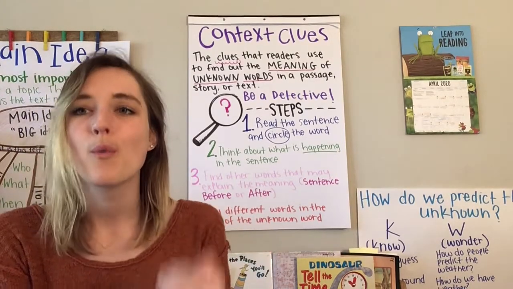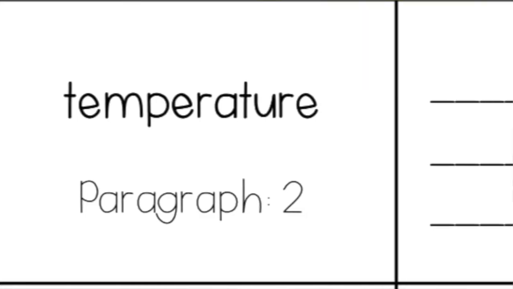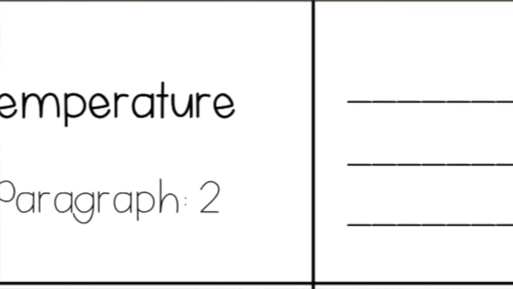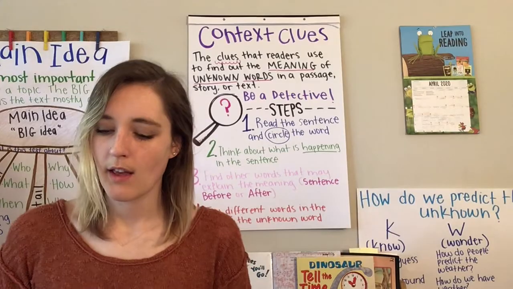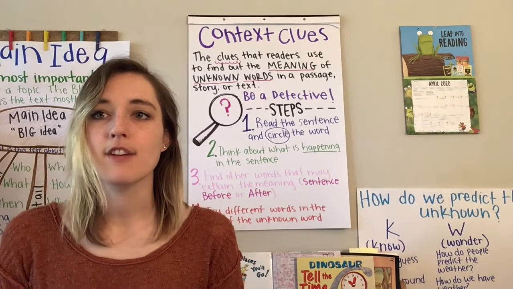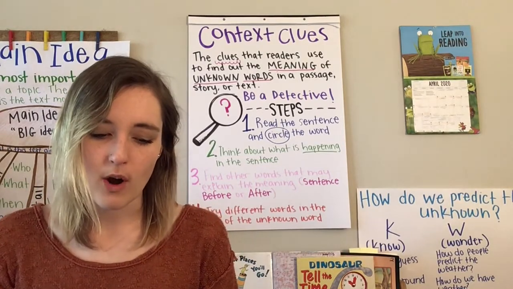So for temperature, on context clues, write, I would even say quote, which is how hot or cold a place is. Copy that down. And then you need to write a definition. So write down what the definition is for temperature.